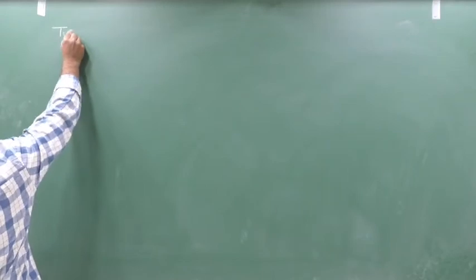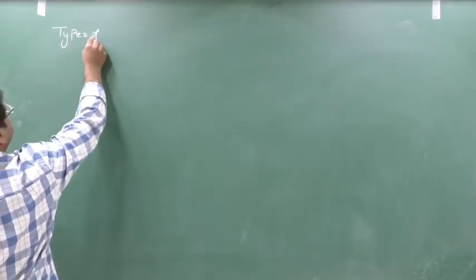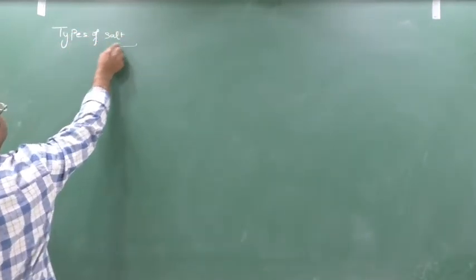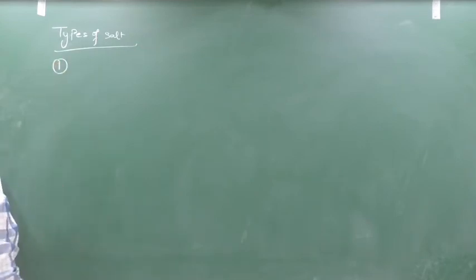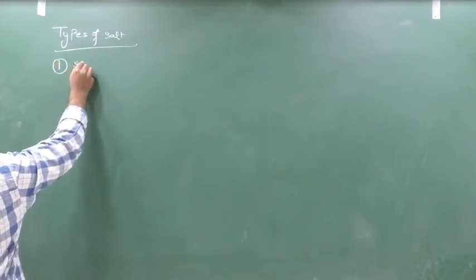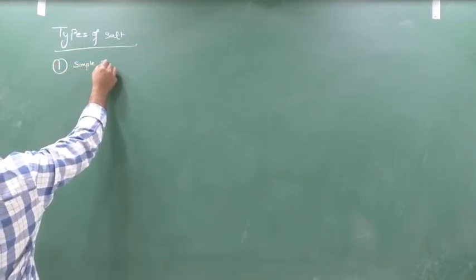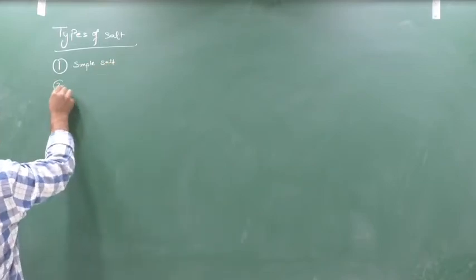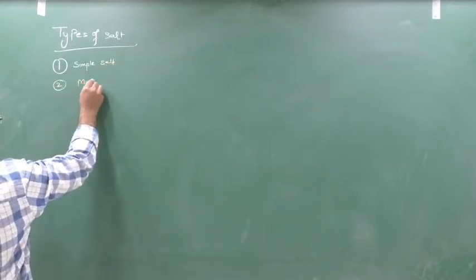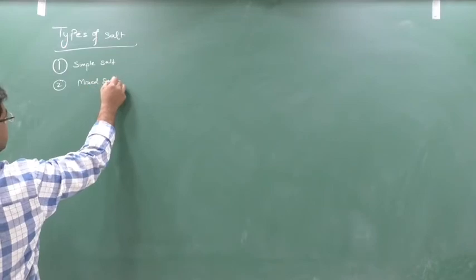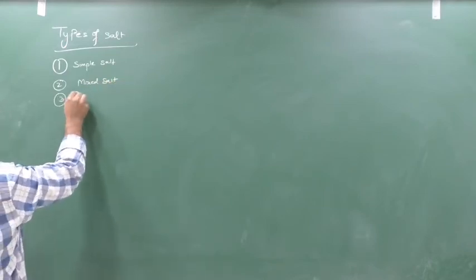So, you can make a note of the types of salts here. Types of salt. First is simple salt. Then next you can write down mixed salt. Then third, double salt.